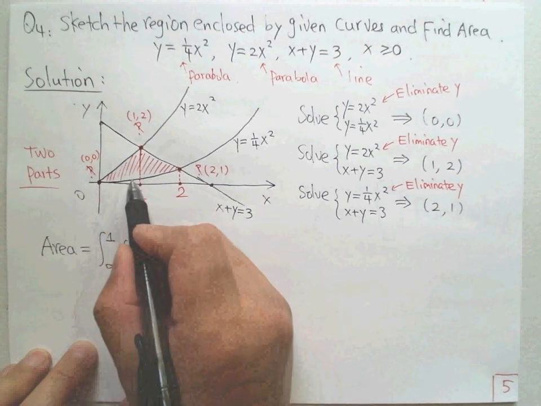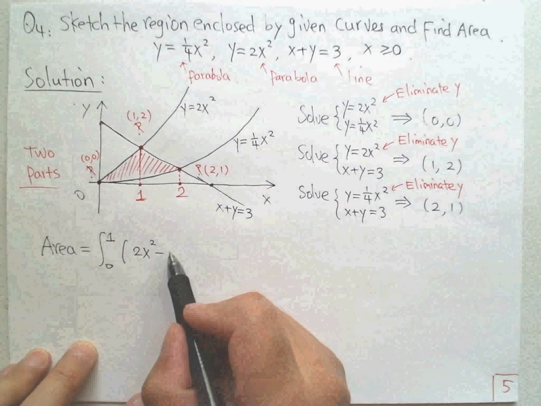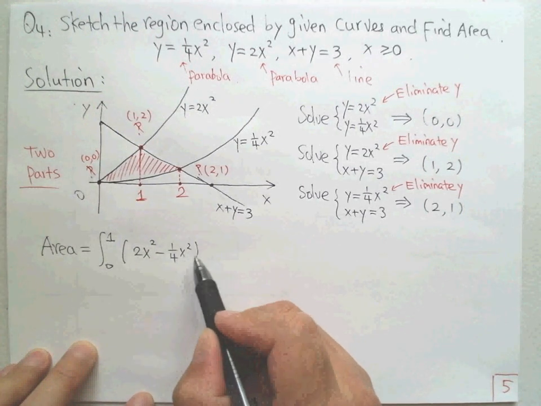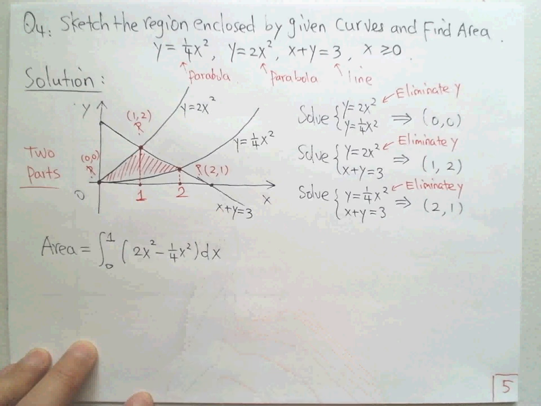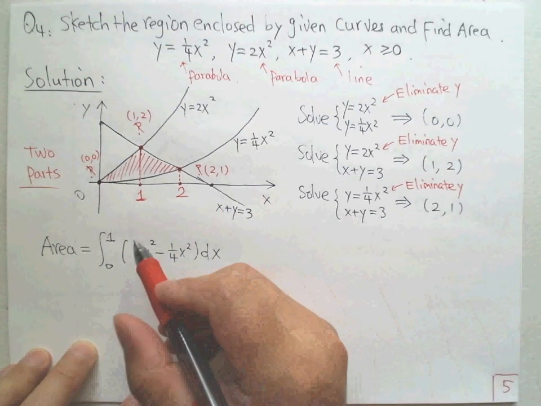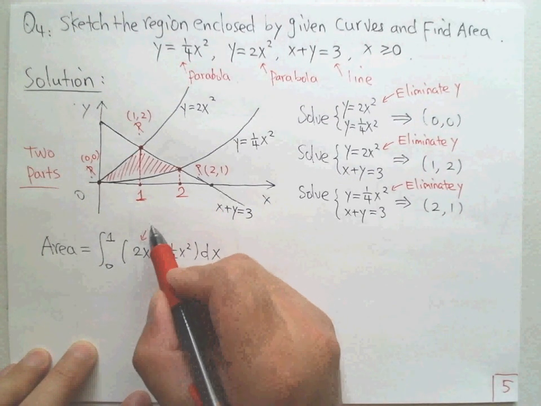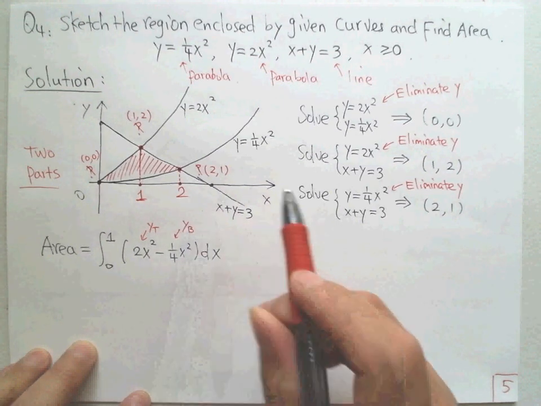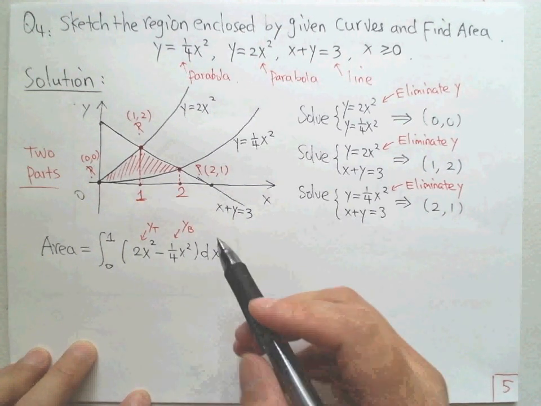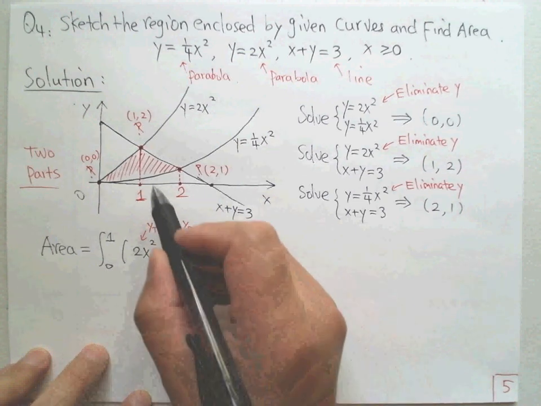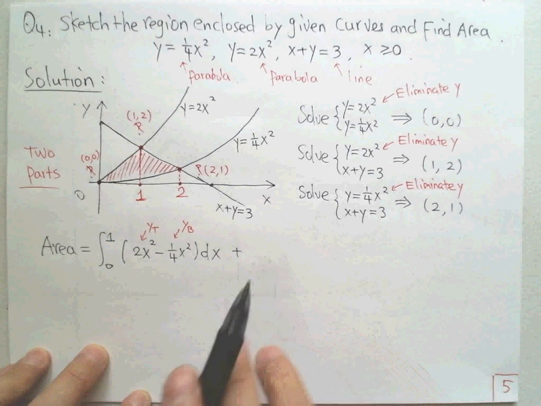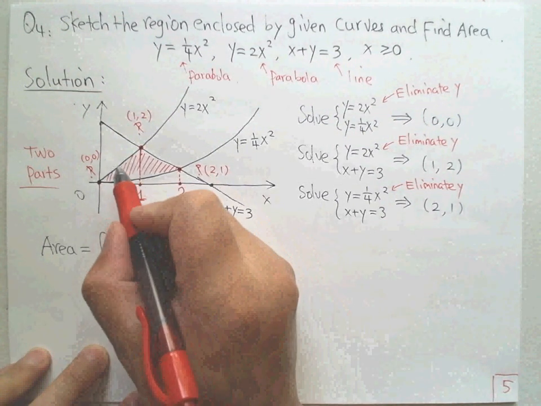So we find the top, and the top is 2x squared. The bottom is this parabola, 1/4 x squared dx. This is y top minus y bottom. This is the first setup.